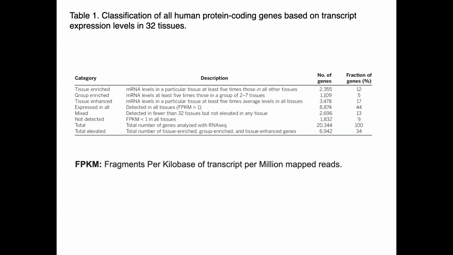Interestingly, 9% of the genes are not detected in any of the tissues, indicating that it is possible that some genes in our body are never expressed. Or, if the tissue samples the investigators used were adult samples, it is possible that these genes are only expressed during development, but not in the grown-ups.